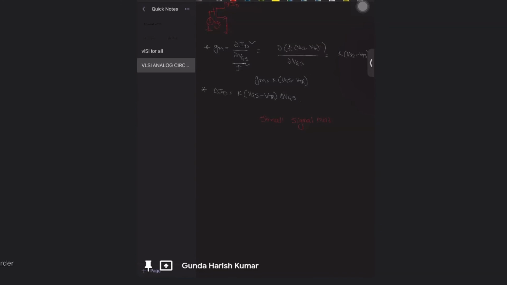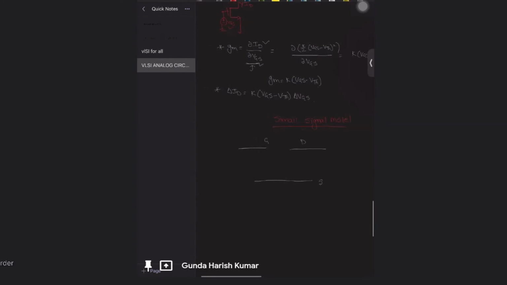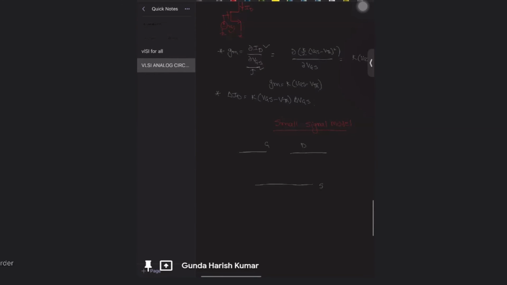In that you will be clear about this GM. Coming to the small signal model of the MOSFET, we have three terminals: gate, drain, source.